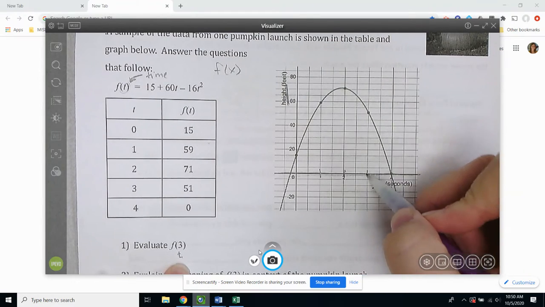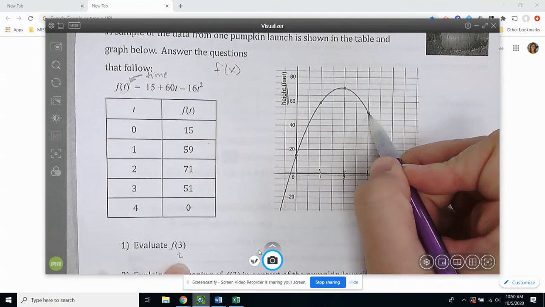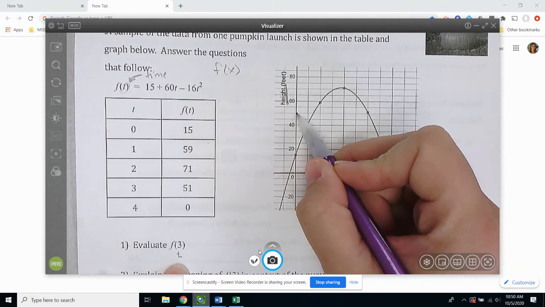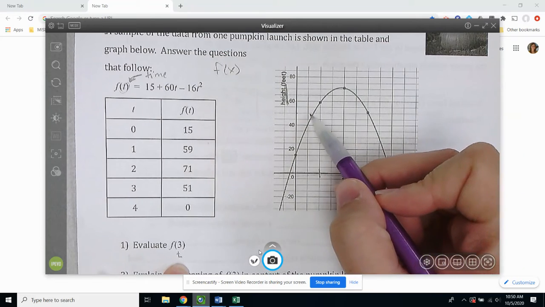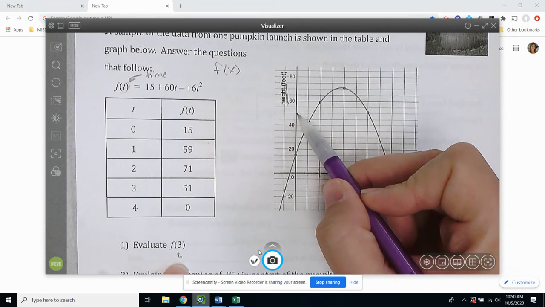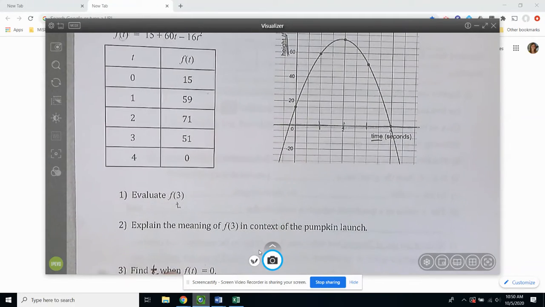So here's 3 seconds. Go up to your graph, and it wants to know how high is your pumpkin. I'm not going to write in the answers, but I'm basically showing you what the answers are for that one. The next one says, explain the meaning of f of 3 in context of the pumpkin launch.